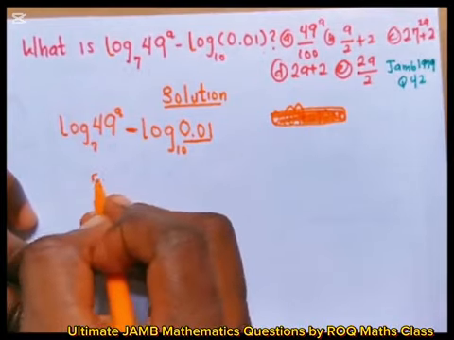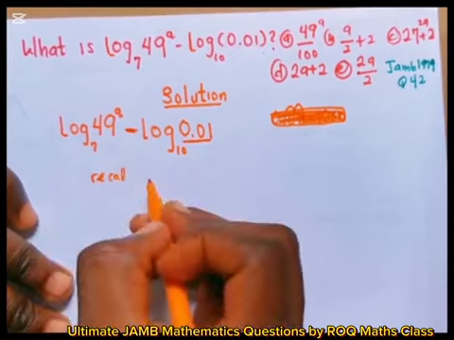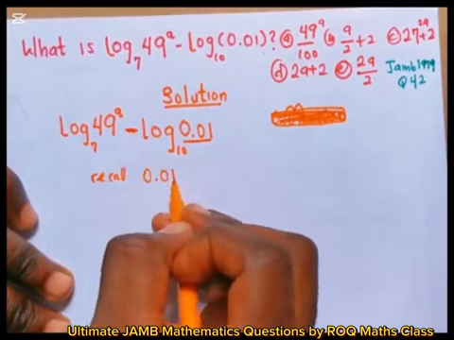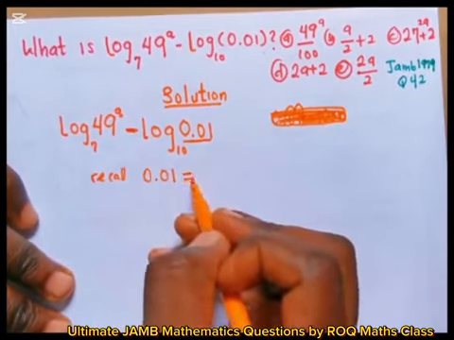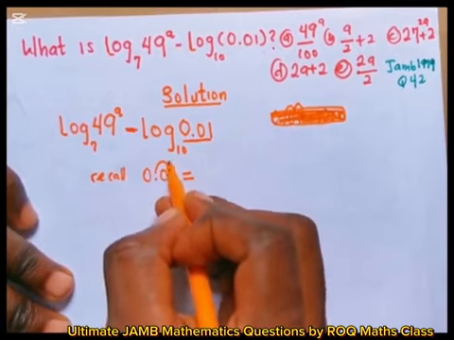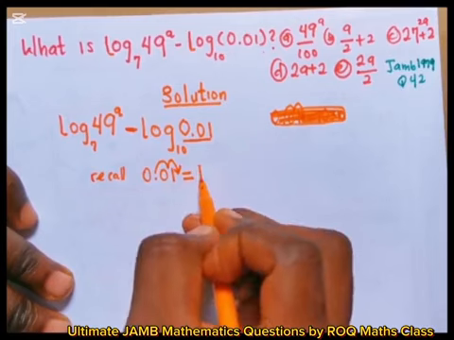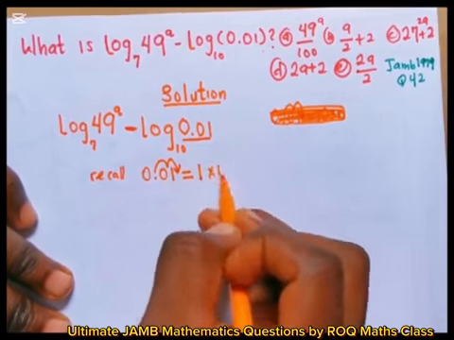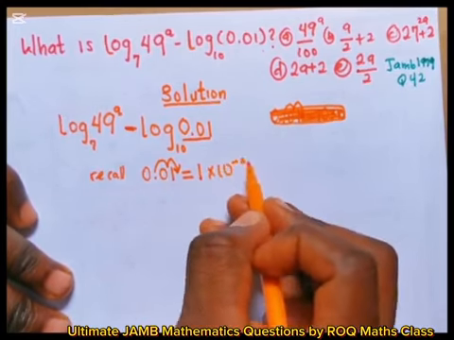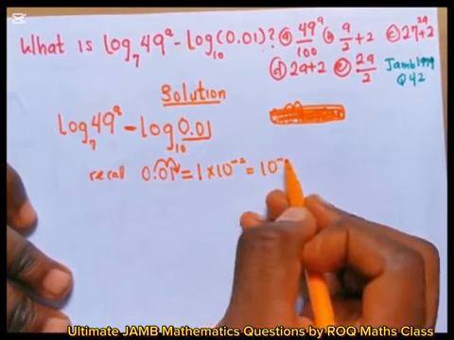Recall that 0.01 is the same thing as, I have to move the decimal point two places to the right-hand side. So I'm going to have 1 times 10 to the power of minus 2, which is the same thing as 10 to the power of minus 2.